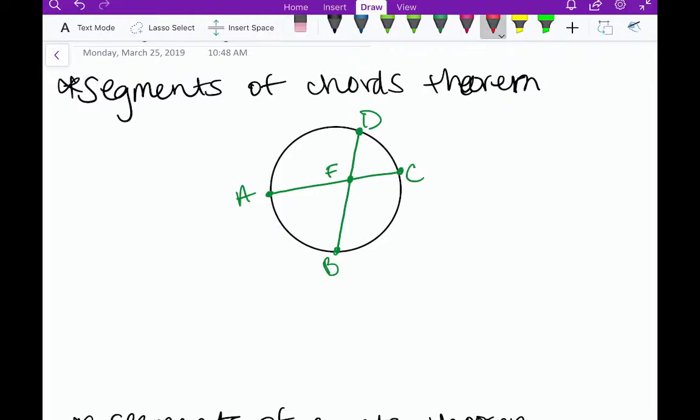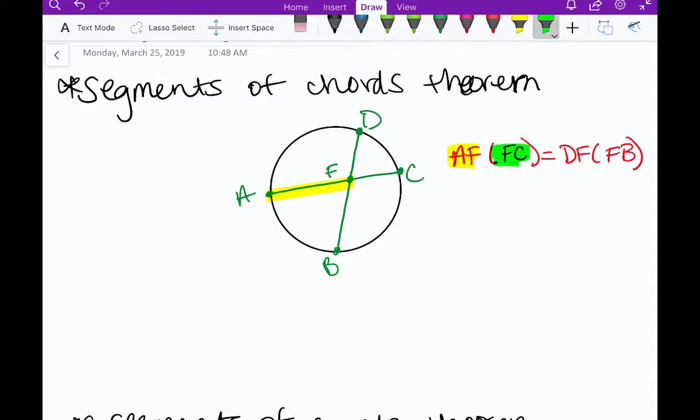So what happens here is that we are actually going to multiply the 2 segments that make up a chord, and those are going to be equal to the 2 segments that make up the other chord. So in other words, AF times FC is going to be equal to DF times FB. So AF is this piece right here.